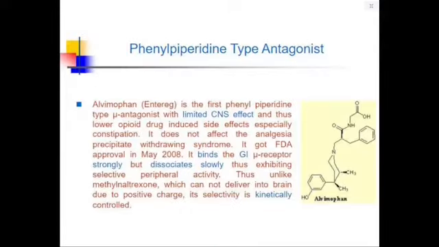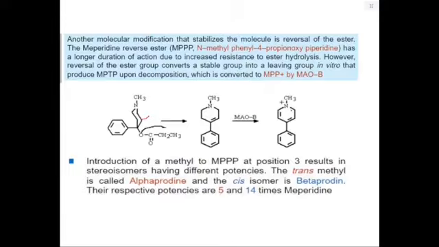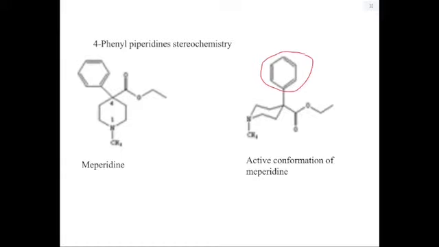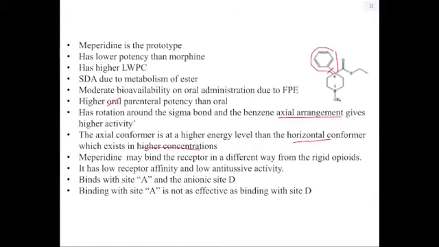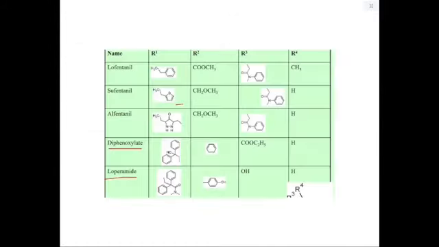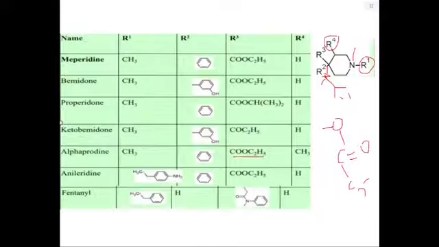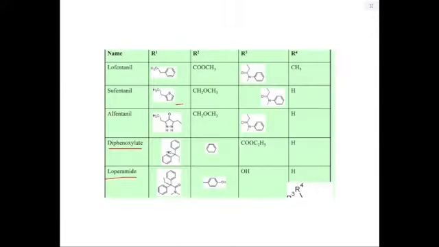So because of that ester, it is readily hydrolyzed. And you can look at some of the other anilidopiperidines. That's why we are changing the group at that position. You can see, we have remifentanil. I have fentanyl, which has a hydrogen.